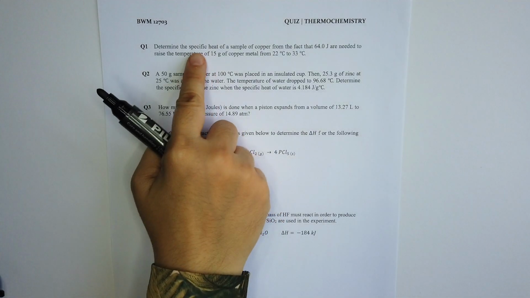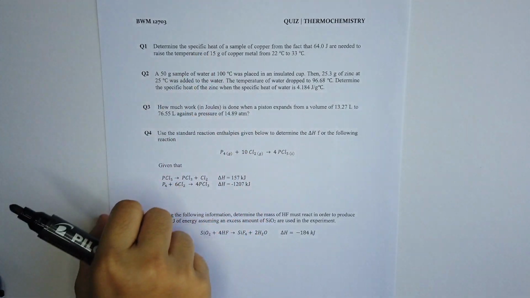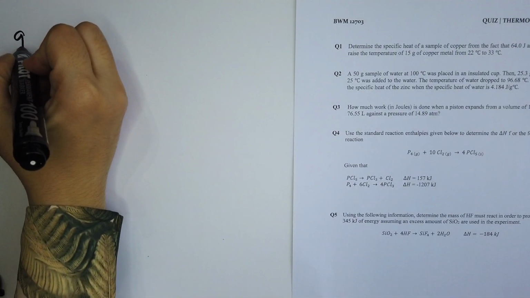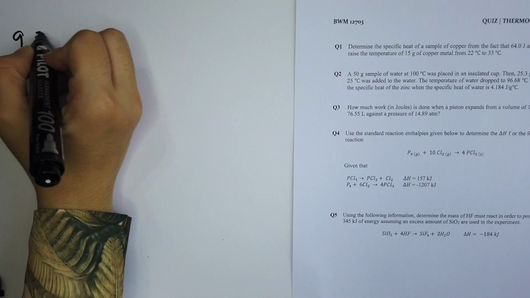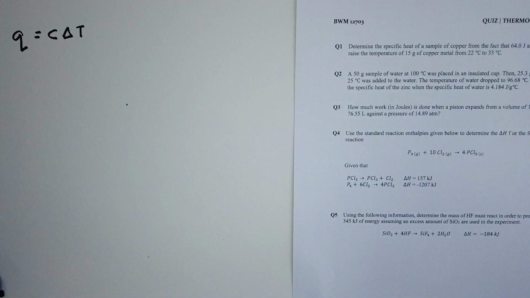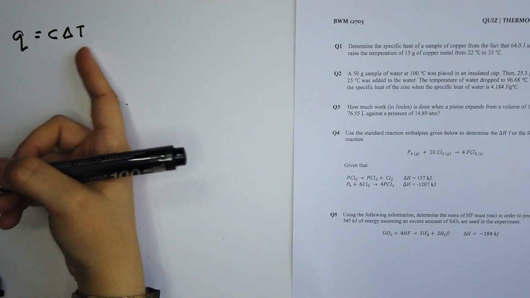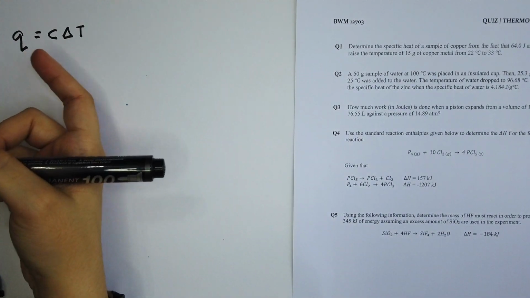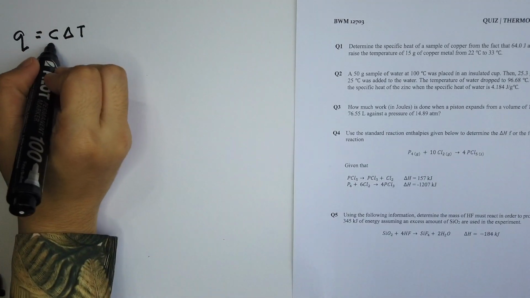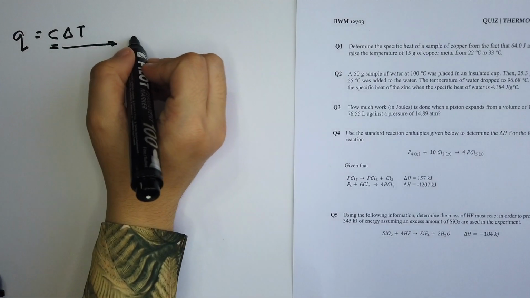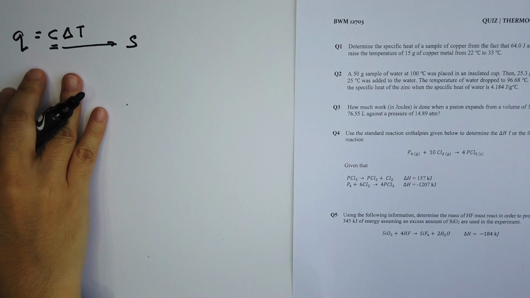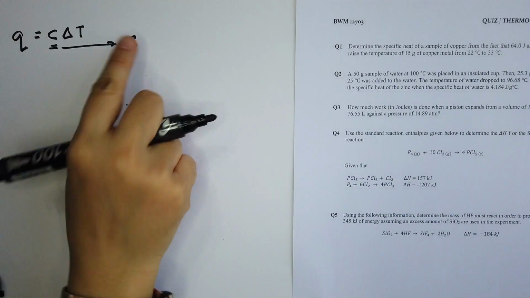You are asked to calculate the specific heat, so the formula you need to use is Q equals C delta T. C is the heat capacity, which you need to convert to S later on, so we calculate C before we get to S.